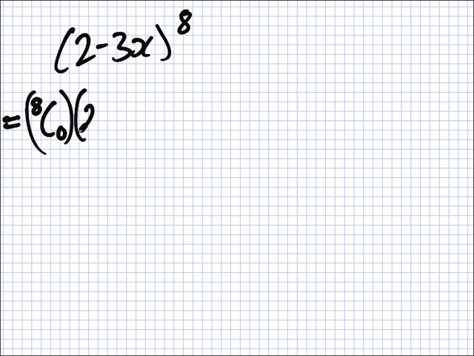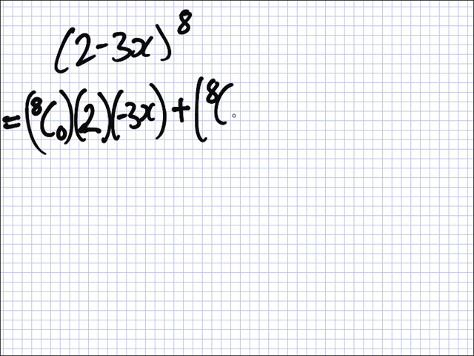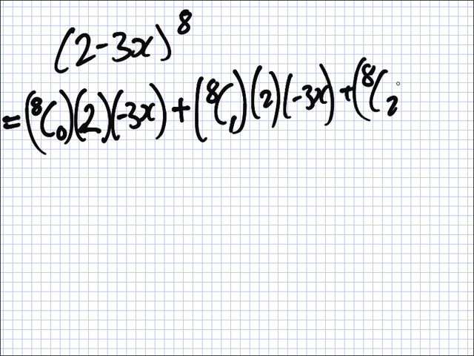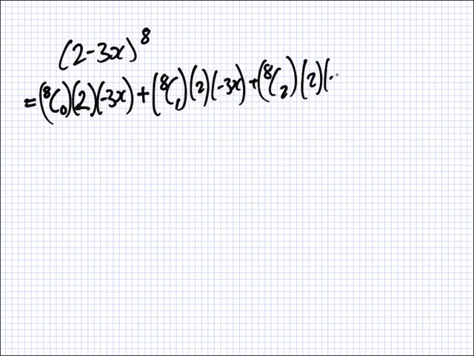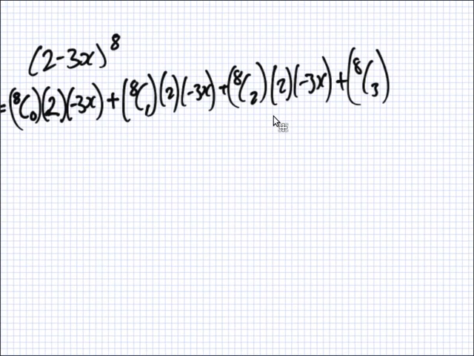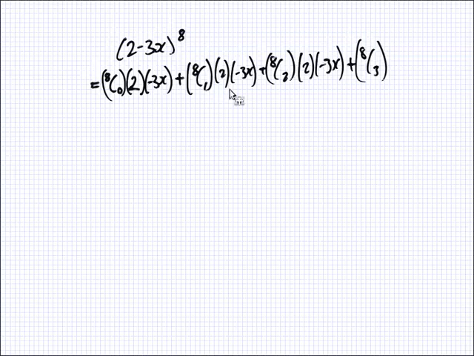What did you do? 8C1 times 2 minus 3x, plus 8C2 times 2 minus 3x, yeah, that's right, and then the last one, 8C3.